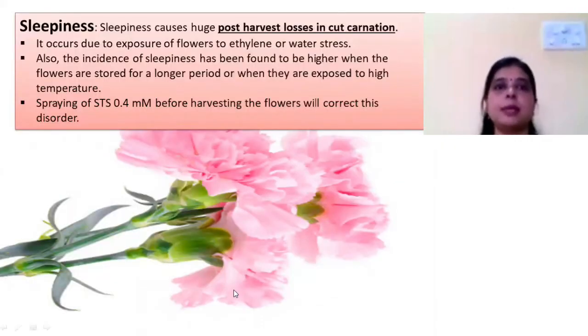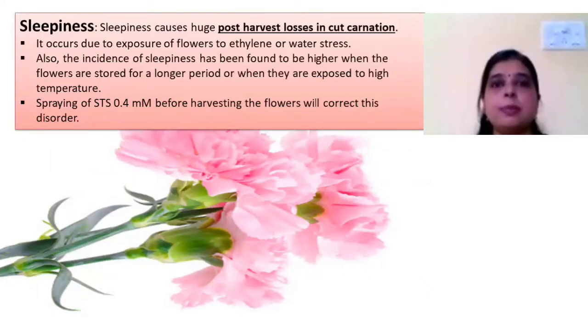Slippiness is another important physiological disorder of carnation. It generally occurs after harvesting of the flowers. It mainly occurs due to the exposure of flowers to ethylene or water stress.